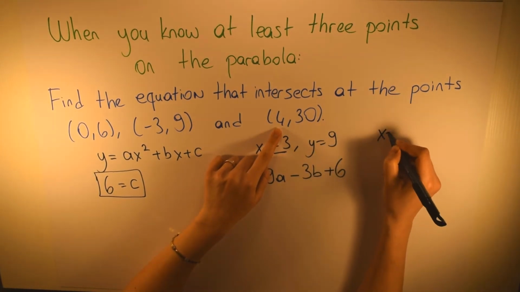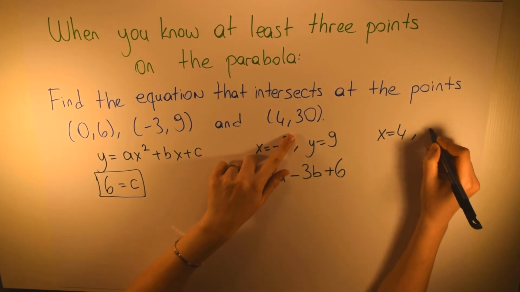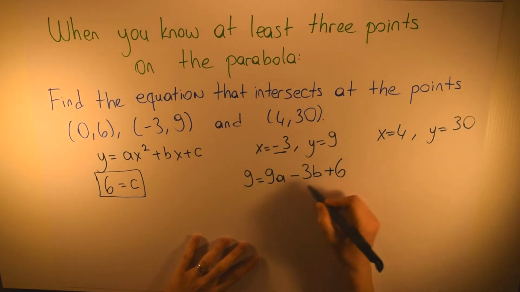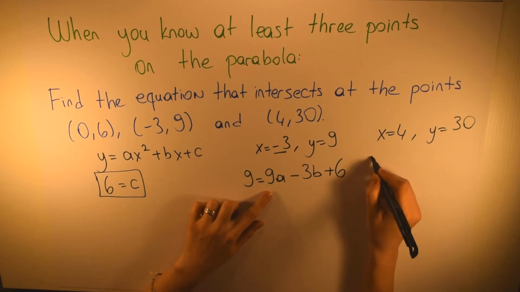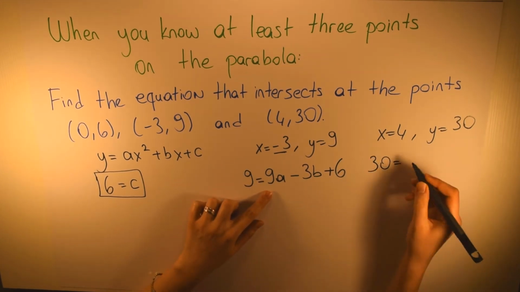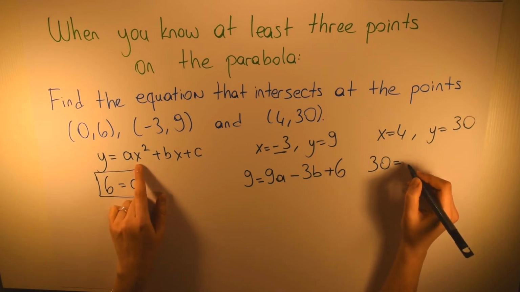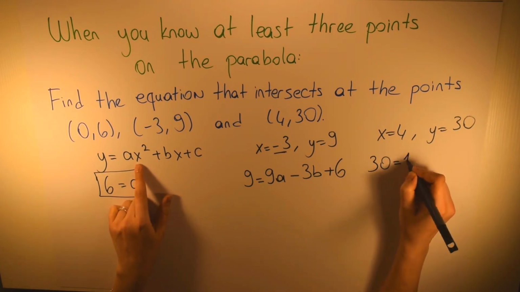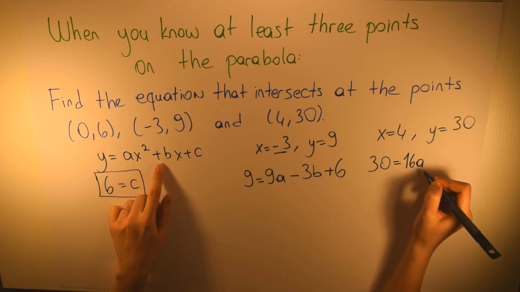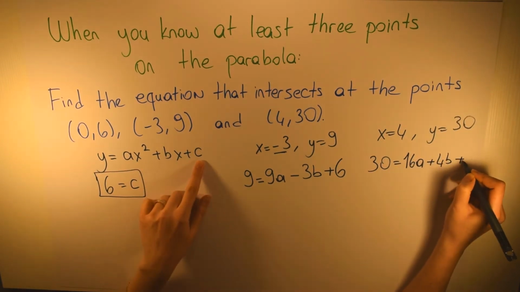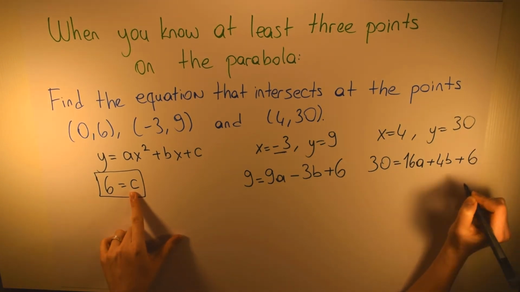When x is equal to 4, y is equal to 30, right? So let's do the same thing. So y is equal to 30 when x is equal to 4. So let's put here x as 4. It's 16a plus 4b plus c, which is equal to 30, with c equal to 6.